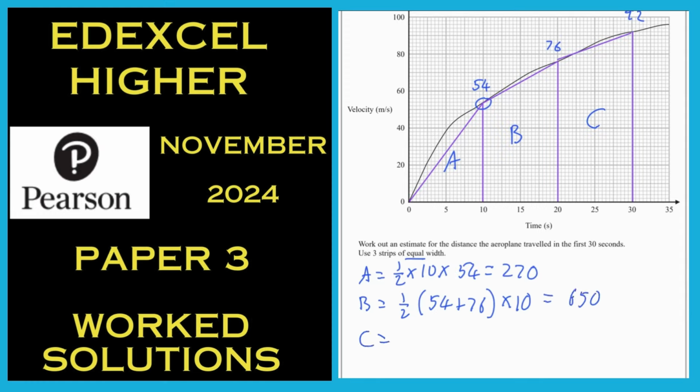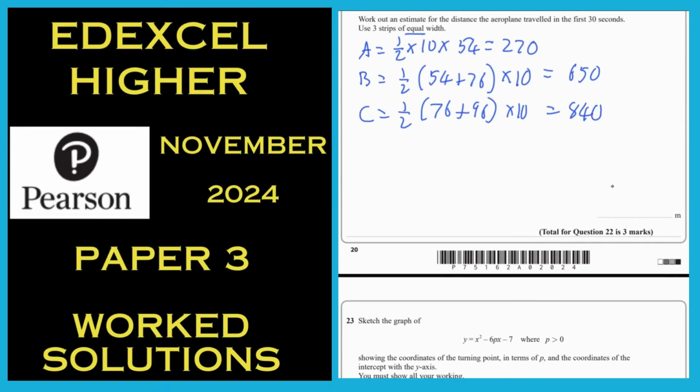Same for C, also a trapezium, half, and this time it's 76, and the 92, giving us 840. Get all them added together, and you've banked a nice easy 3 marks, 1,760 metres.